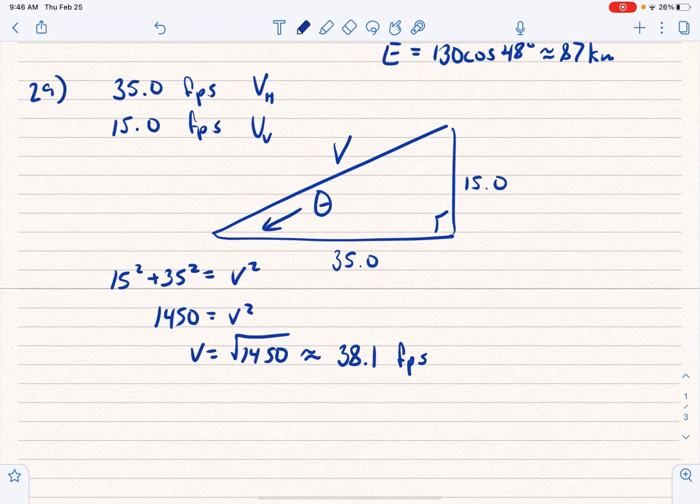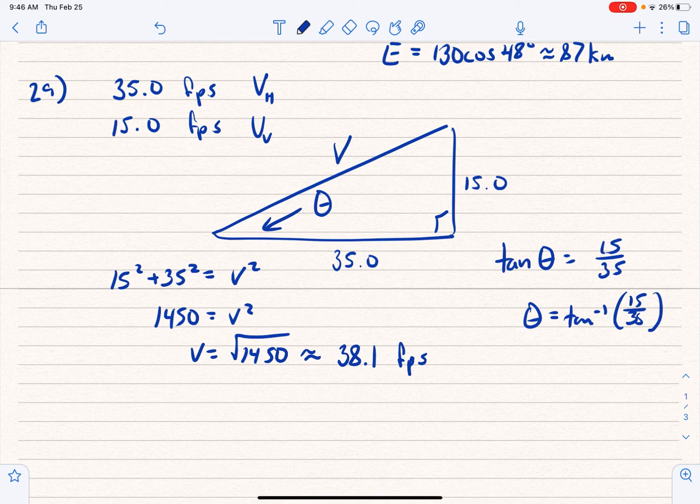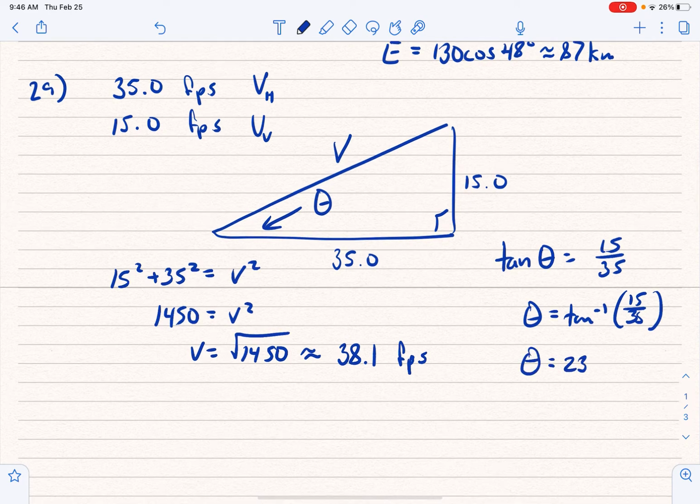And so it was really kind of also looking for this angle. So I could say, well, I know the tangent of theta is going to be equal to 15 over 35. So therefore, theta is going to be equal to the inverse tangent of 15 over 35. And so we go 15 divided by 35, boom. And so we get that the angle should be 23.2 degrees, about there. All right.